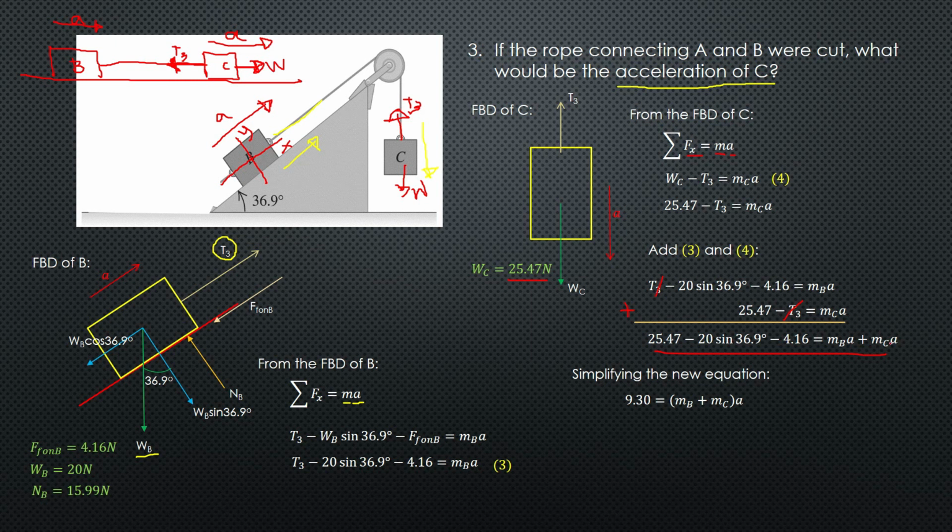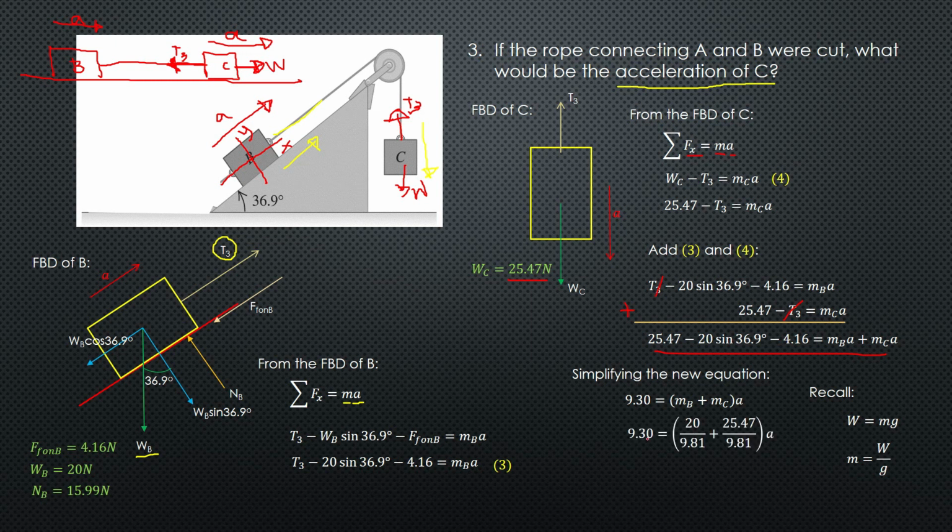Factoring out acceleration, we need to recall that weight is equivalent to mass multiplied by acceleration due to gravity, and mass is equal to weight over acceleration due to gravity.